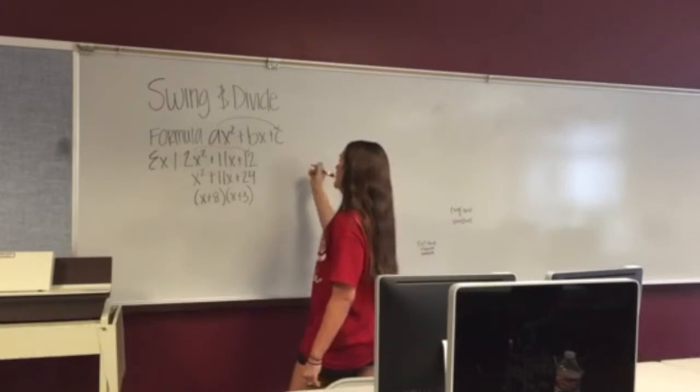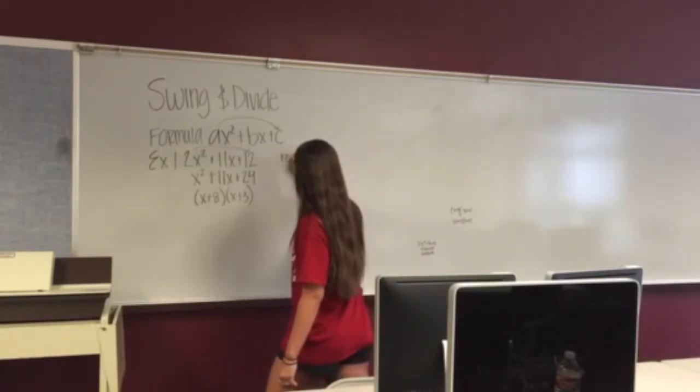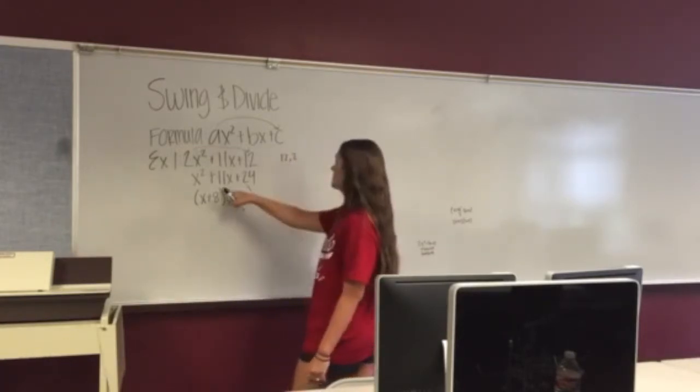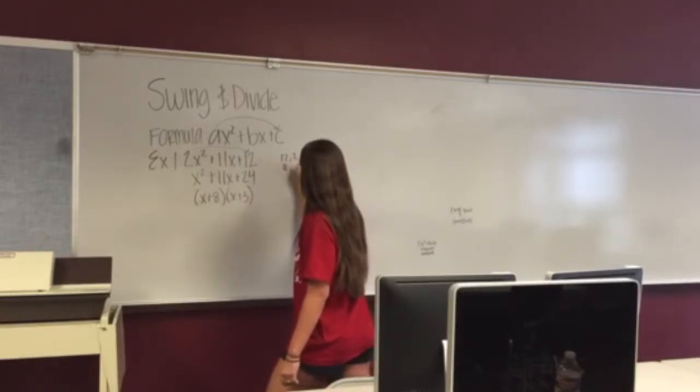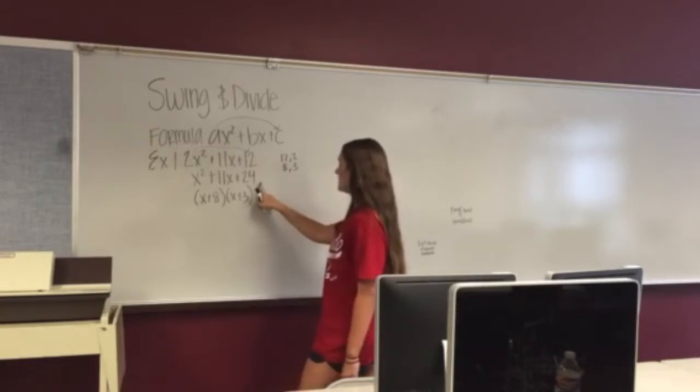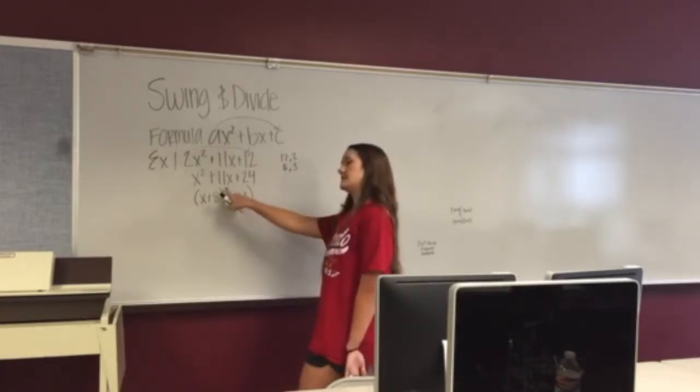And you get those just by going down the list, like 12 times 2 would get you 14 instead of 11, and then 8 times 3 would get you 24, and 8 plus 3 is 11.